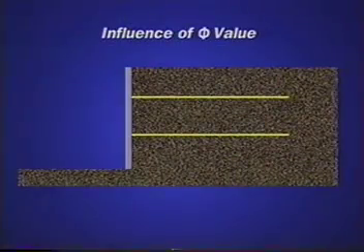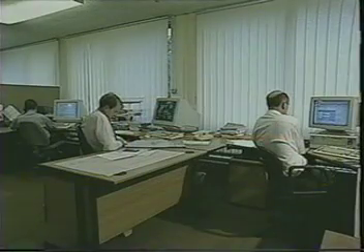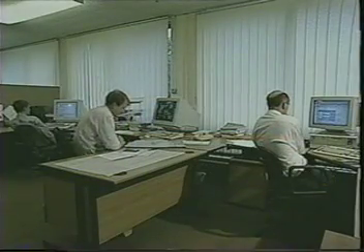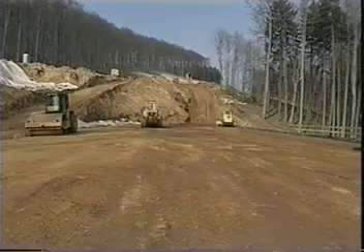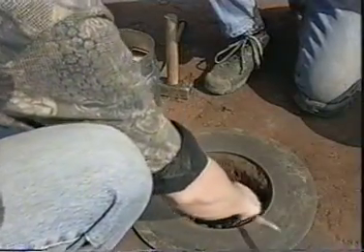The φ value will also influence the loads imposed on the facing units and the tensile loads transmitted between fill and reinforcement. These loads will increase as the φ value decreases. These interrelationships heavily influence design and also construction, where it is essential that the specified tolerances be closely applied.